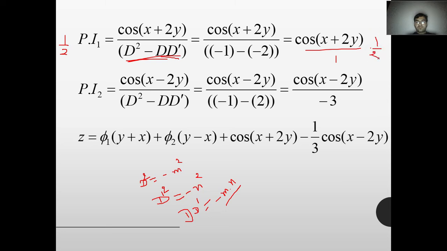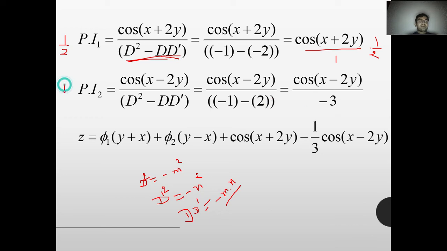And particular integral 2 is equal to cos x minus 2y upon d square minus d dash, is equal to cos x minus 2y upon minus m square is equal to 1 minus of minus 2 into 1, is equal to plus 2, minus 1 minus 2 is equal to minus 3, and multiply by 1 by 2.